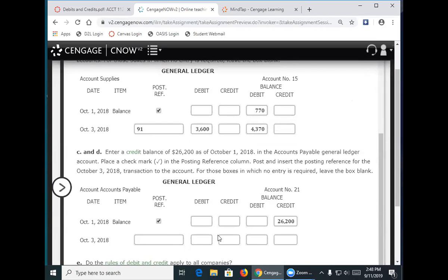So on October 3rd, I'm going to show a credit of $3,600. We have a credit balance plus a new credit, so we add those together, and you should have a new credit balance of $29,800.